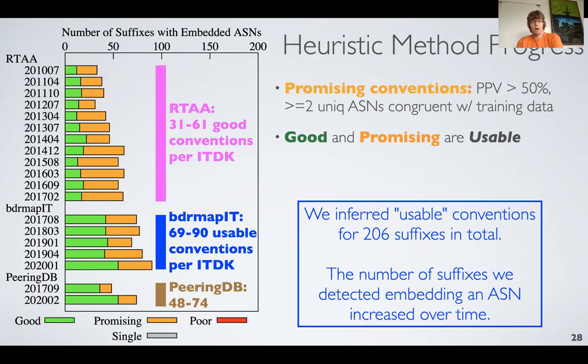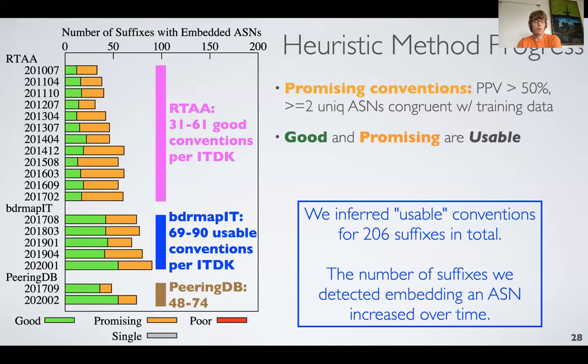There are a set of naming conventions that we infer to be promising, and these are where the positive predictive value is greater than 50%, and there are at least 2 unique ASNs congruent with training data extracted from the training set. We classify these naming conventions as usable because they usually extract the ASN that operates the router.